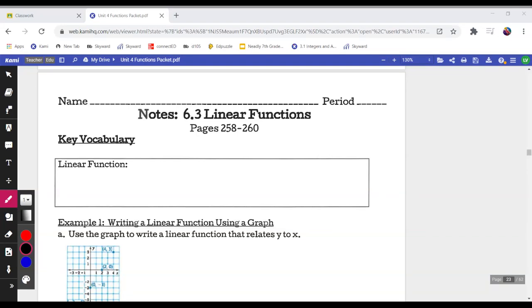6.3 Linear Functions. Key vocabulary is a linear function, which is a function whose graph is a non-vertical line.